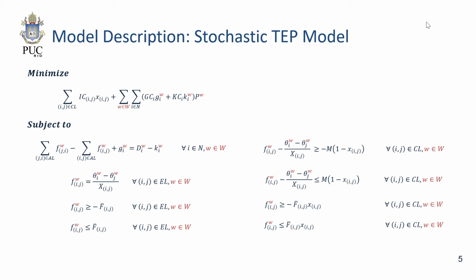So here we are adding W, which represents a scenario. So basically what changes is the second part of the objective function, which is the dispatch. You continue to use only one decision, either invest or not invest, and contemplate several dispatch scenarios.